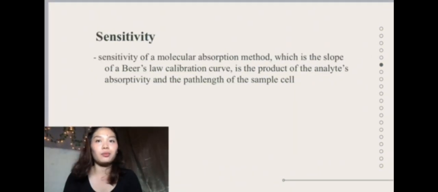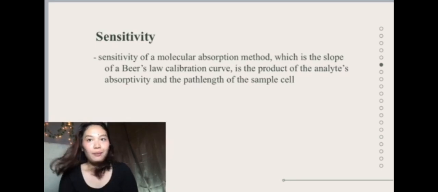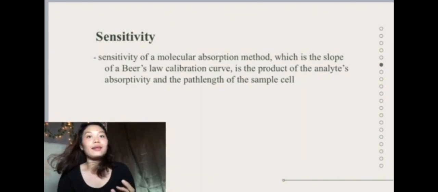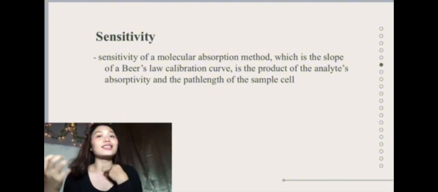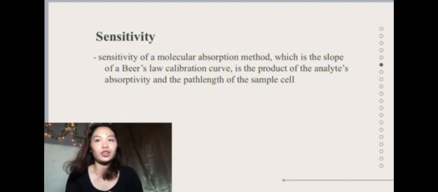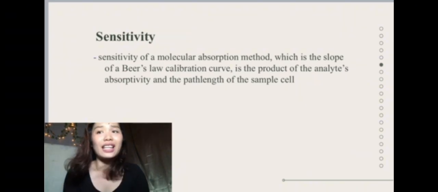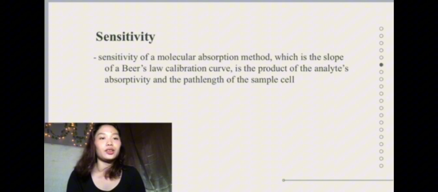Sensitivity kay molecular absorption method nga mo defined by the slope of a Beer's law calibration curve. So this sensitivity is determined by two key factors, which is the analyte absorptivity and the path length of the sample cell.